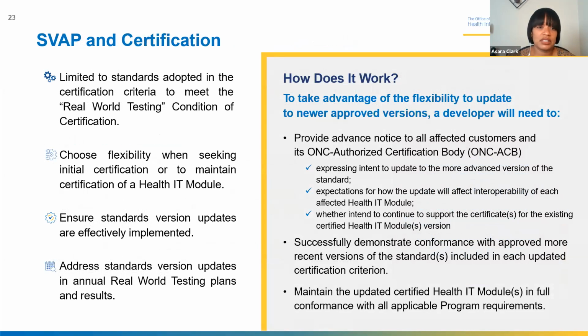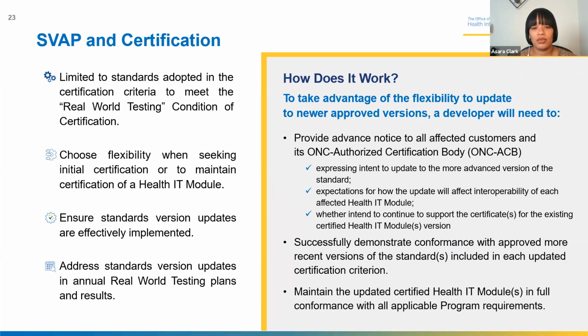Basically, it's limited to the standards adopted in the certification criteria that are relevant to real world testing. Okay. So you'll see that it only covers real world testing criteria. It's voluntary, okay? So you don't have to do this, but you can, all right? So that's the great thing.